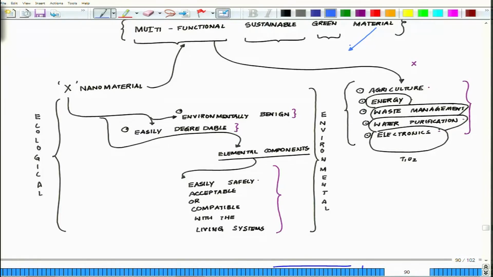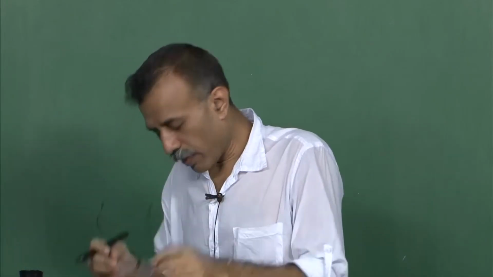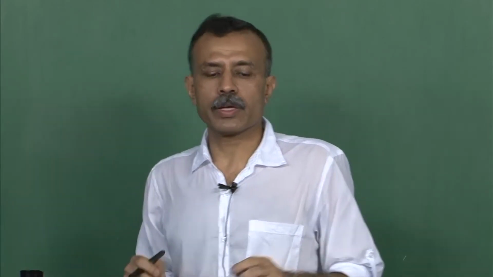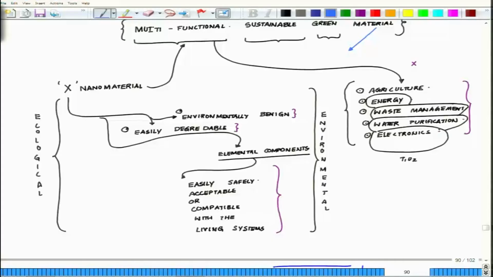If you look through the last 5 lectures, I am basically stressing multifunctional, sustainable green material having multiple applications: agriculture, energy, waste management, water purification, electronics, and other miscellaneous applications.